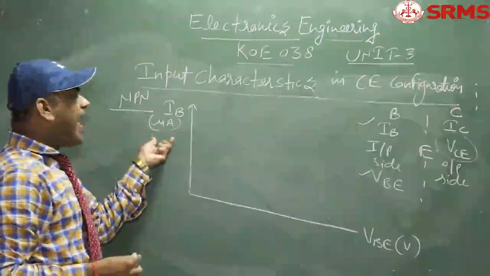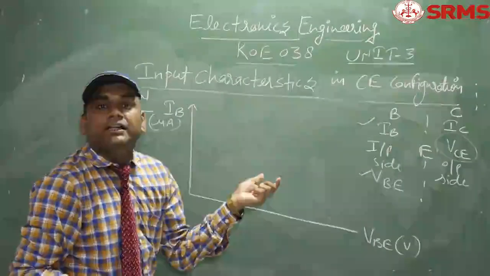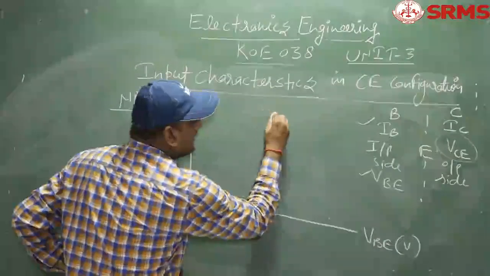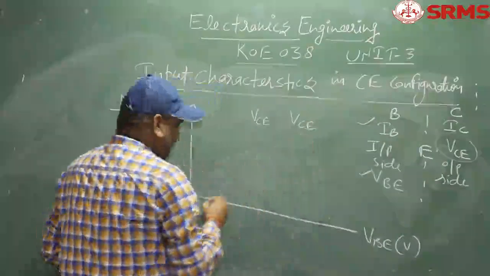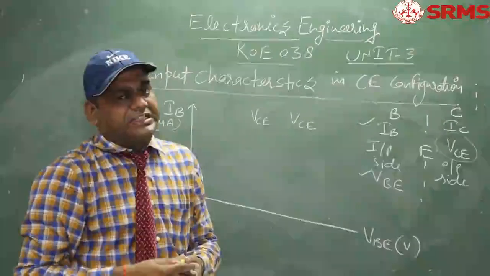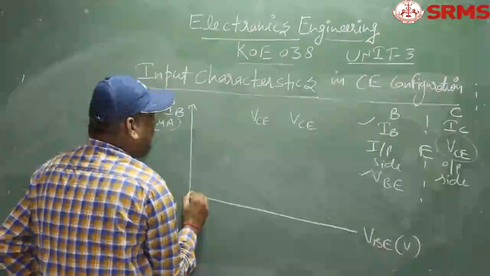It is in microampere, and this characteristic has been drawn for the common emitter configuration for the constant voltage, and this voltage is defined as VCE. And it is well known to all of us, in the NPN transistor, the input junction is nothing but a PN junction. And how we can draw the characteristic of the PN junction diode? It is very simple.